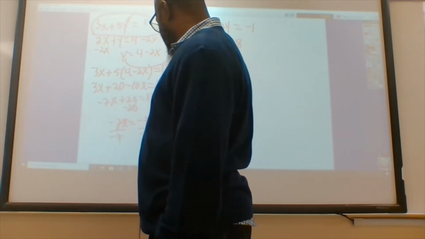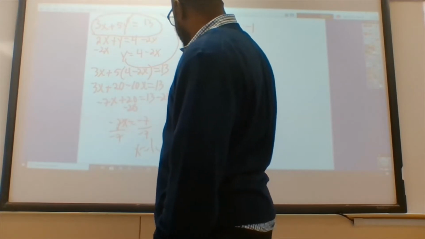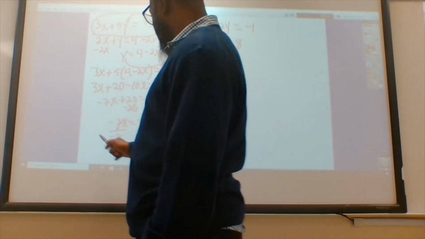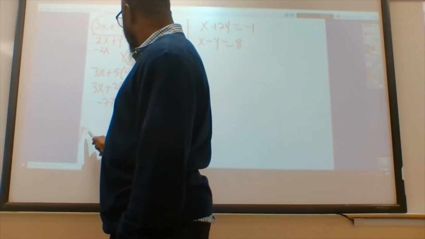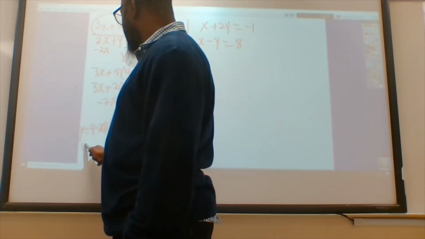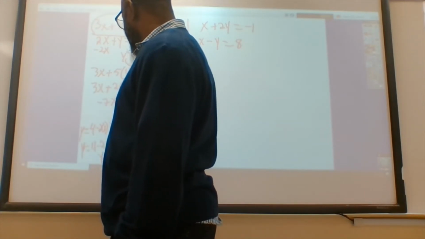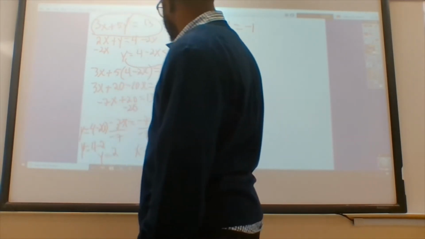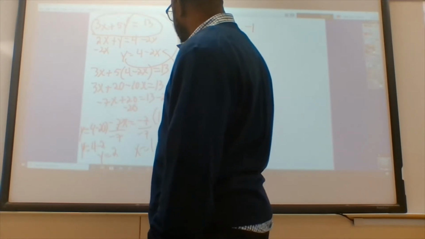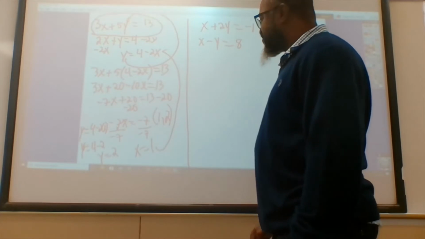In this case, x is 1. Then I can come here with this x. I will have y equal 4 minus 2 times 1. Now we'll have y is equal to 4 minus 2, then y is 2. My solution is 1, 2. This is the solution of this system that will satisfy the equations.